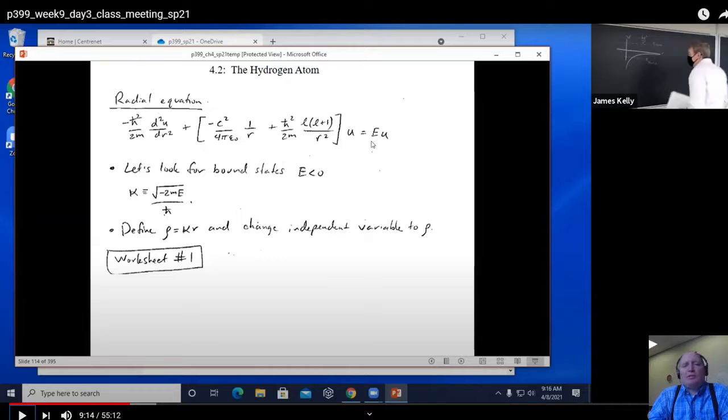Honestly, the way I've approached it, I'll maybe put a link down below, is once you have this, if students are used to seeing some numerical solutions, dump this into a computer and start looking at some numerical solutions. What you'll find is there's only certain energies that have this function not run away to infinity. We can't let the probability run away to infinity, so we need to futz with this value until this function u looks normalizable.